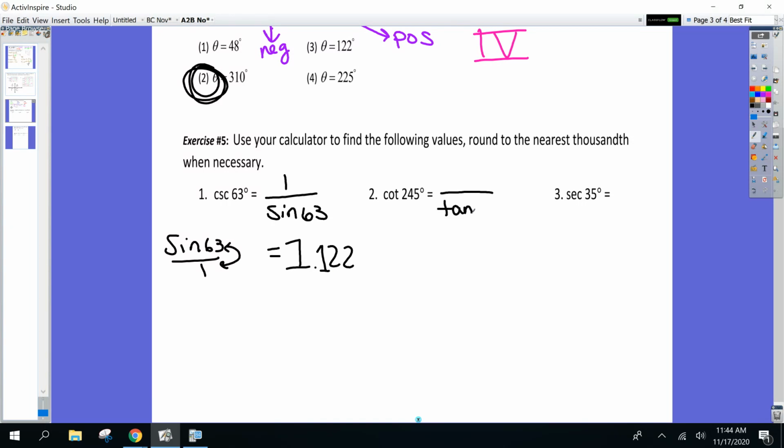You want 1 over the tangent of 245 because you're going to flip it. And I'm getting 0.466.